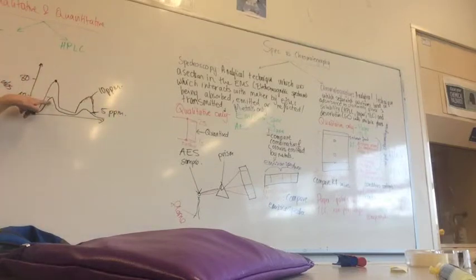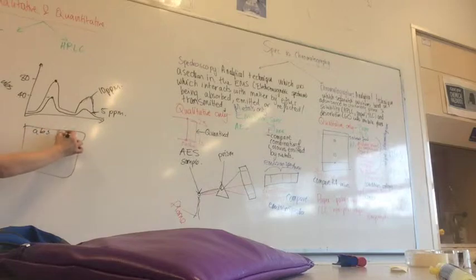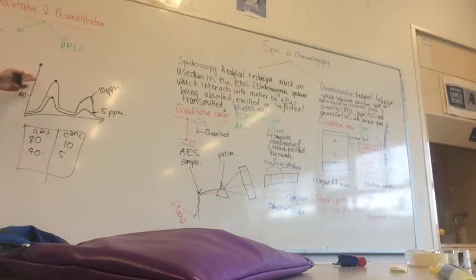It should have the absorbance at the same nanometers, the same optimums, but exactly half the absorbance at everything. So once you've got your standards, in your exam, you'll get absorbance versus concentration, and you'll have 10, with an absorbance of 80, and 5, with an absorbance of 40. I want you to know that it comes from this graph.